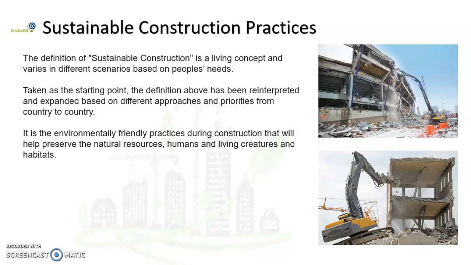Sustainable construction practice is how to make the construction practices themselves sustainable: less harm to the environment, less harm to people, stop or reduce the depletion of materials, reduce CO2 emissions, and so on.